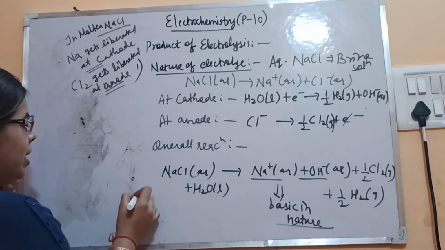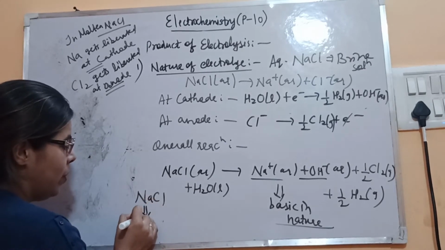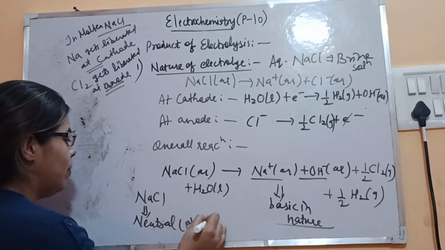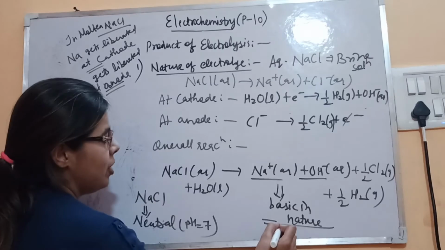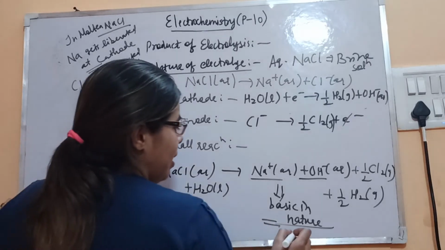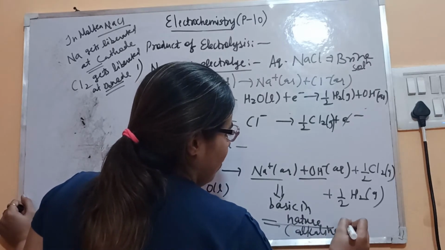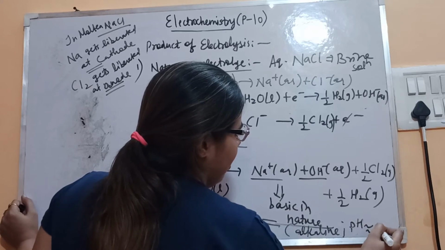But in general, what is the nature of NaCl salt? We say it's neutral, that is pH is equal to 7. But on electrolysis, it is found to be basic in nature. It is alkaline, and the pH is nearly 13.